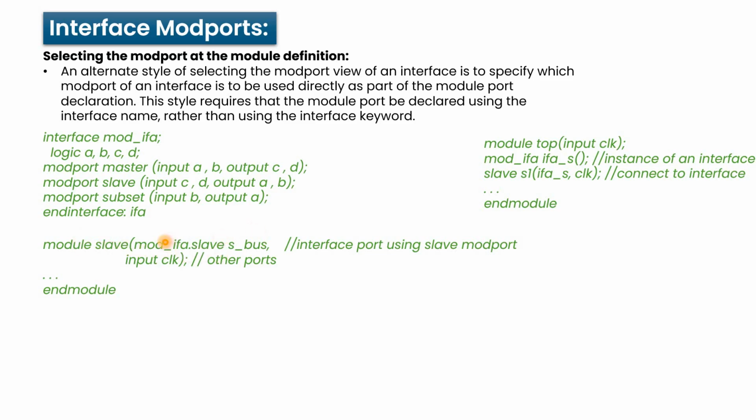Again, it comes with all the signals including their directions. So this is how using the mode port in an interface makes our module definitions as well as module instantiations, and then our overall integration, more readable, more accurate, easier, and there is less room for connectivity errors.